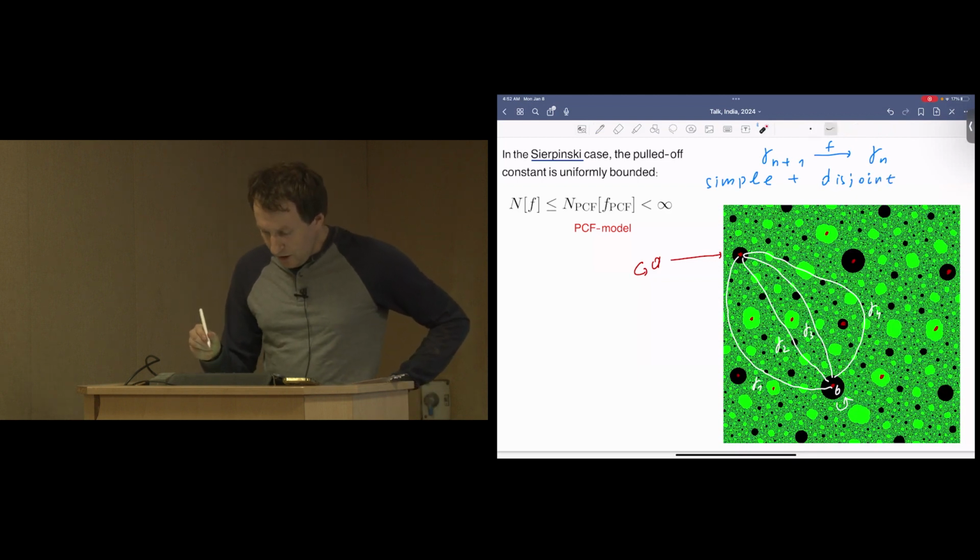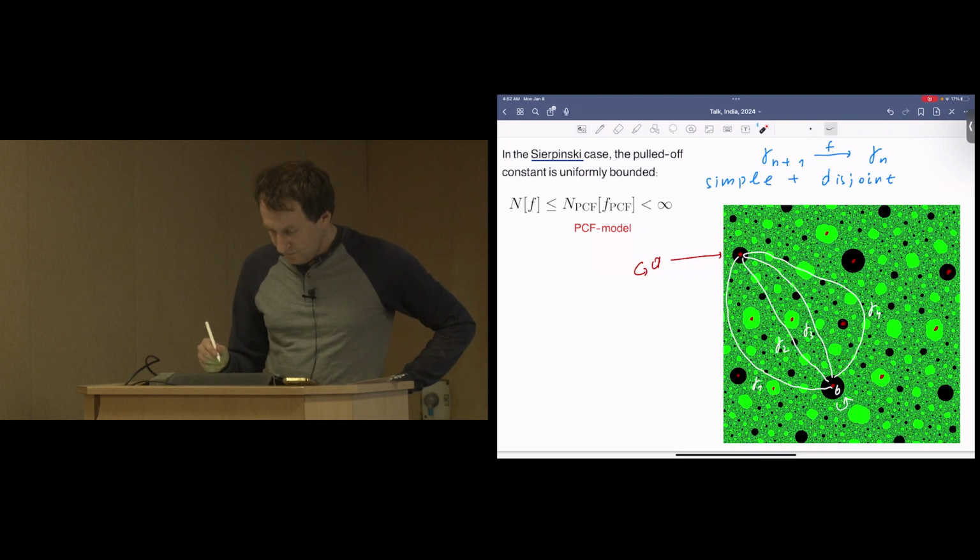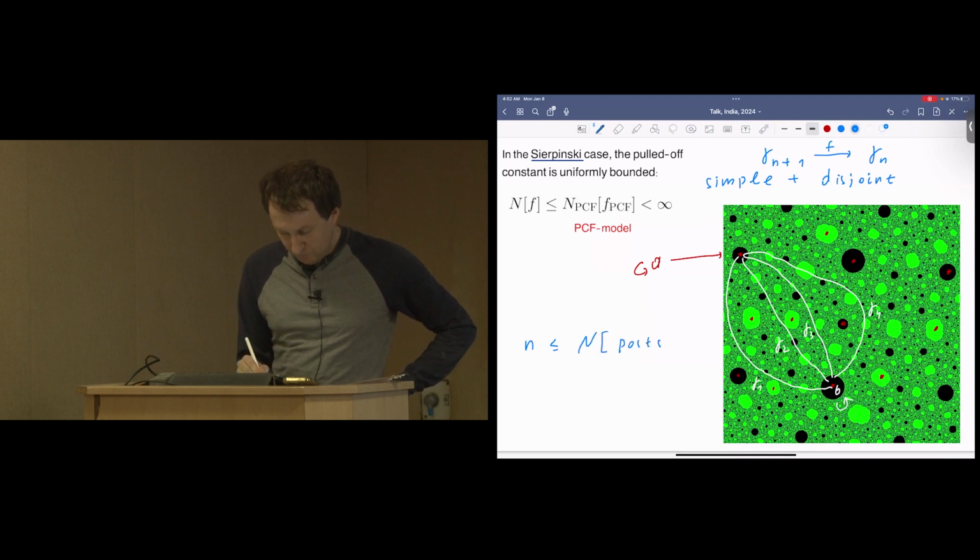Then the number of such arcs is bounded in terms of the complexity of the postcritical set, and perhaps degree. I guess degree we don't even need.